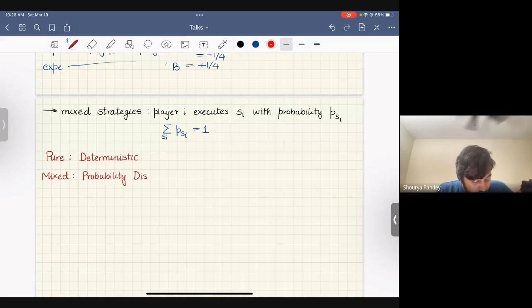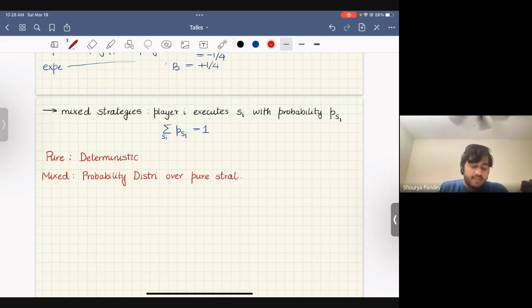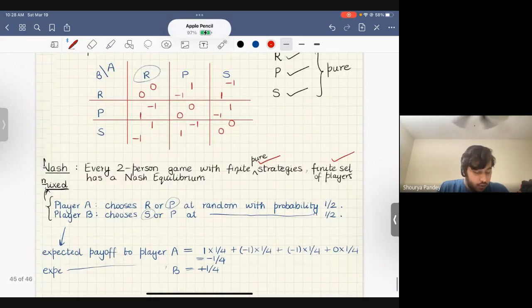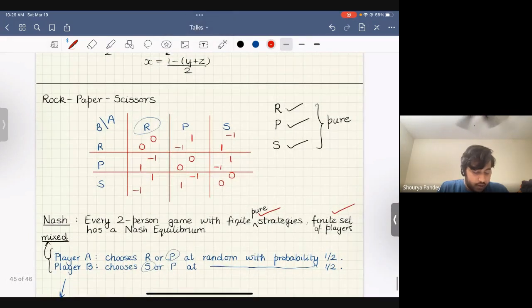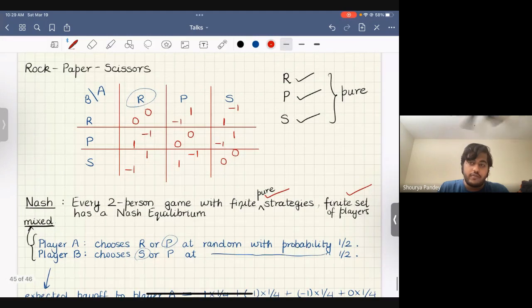So for every game, wouldn't pure strategies always be more helpful, instead of mixed? Why is that so? We know here that it's not true, right? Because why would you always go for rock or always go for paper? Or your strategy could also be this: play RPS, RPS, RPS, RPS.